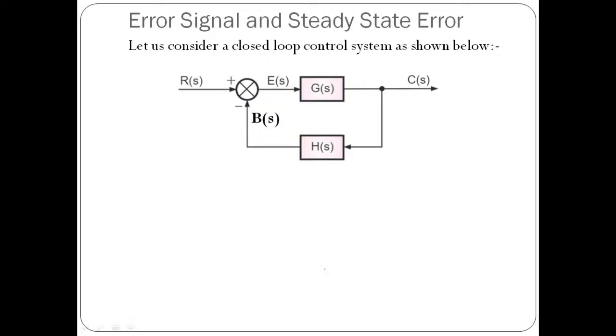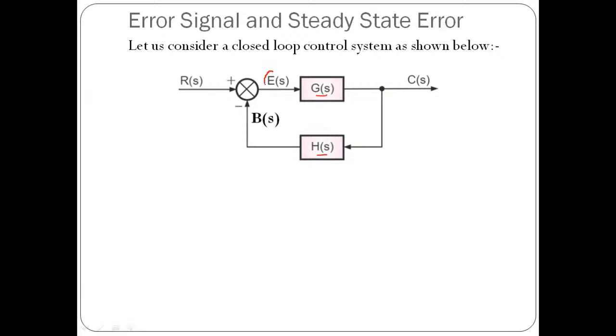So, what is an error signal and what is the concept of steady state error? In order to understand this, let us consider a simple closed loop control system like this. This system is familiar to everyone. What are the parameters I have shown here? G of s indicates the forward path gain, H of s indicates the feedback path gain.